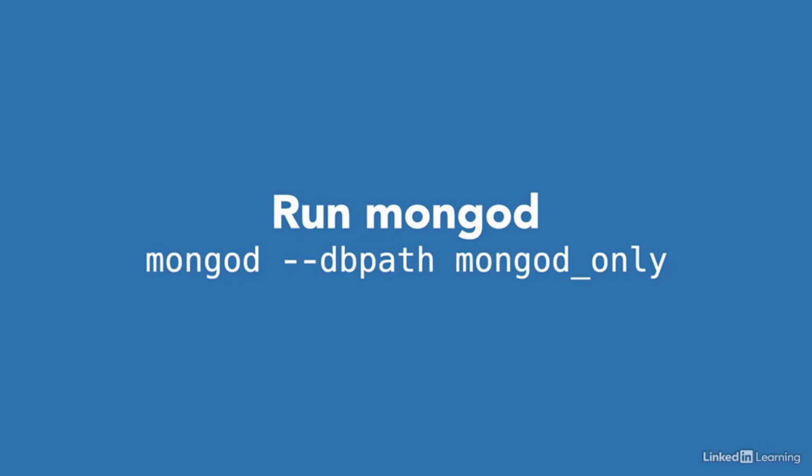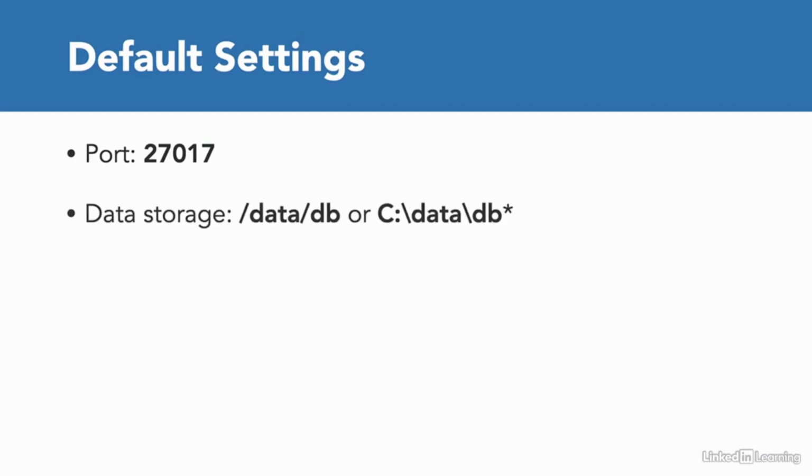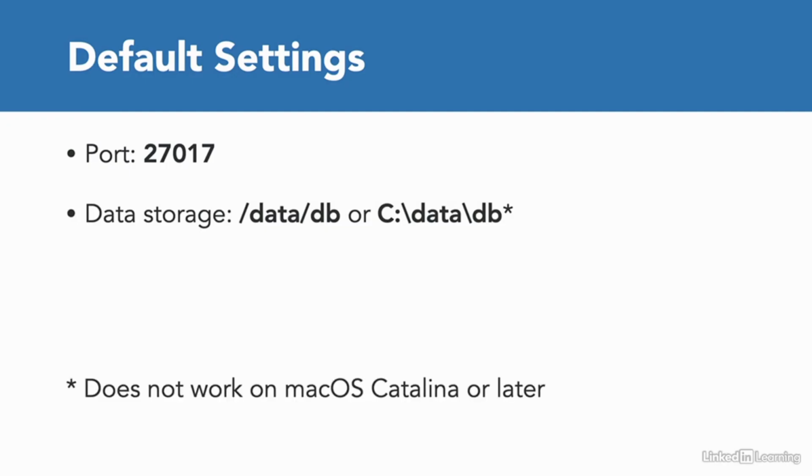By default, MongoDB will listen for connections on port 27017. The data, by default, will be stored in the directory /data/db. However, this does not work on current macOS versions because the directory has become read-only. That's why I explicitly specified a different directory in this case.